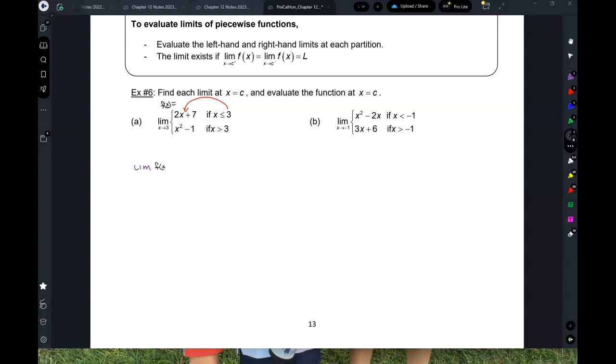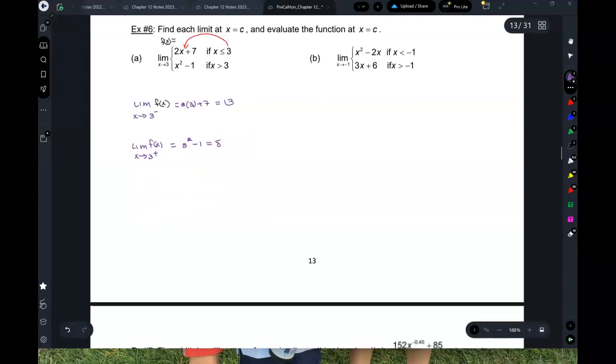So the limit of f of x as x approaches 3 from the negative side. Now x is less than 3, to the left of 3. So as x approaches 3 from the negative side, we plug it in: 2 times 3 plus 7 equals 13. Next, you say the limit of f of x as x approaches 3 from the positive side is 3 squared minus 1, which is 8.